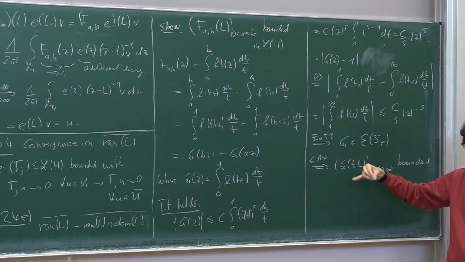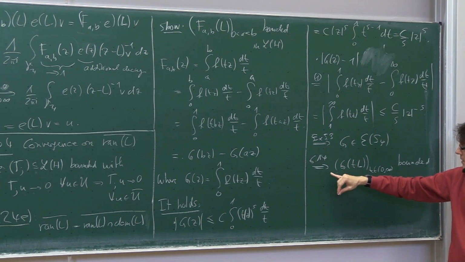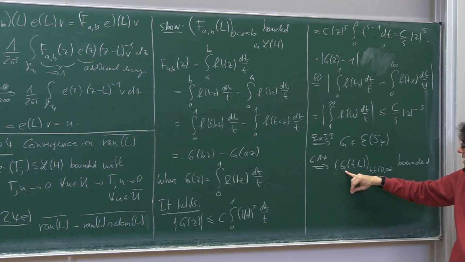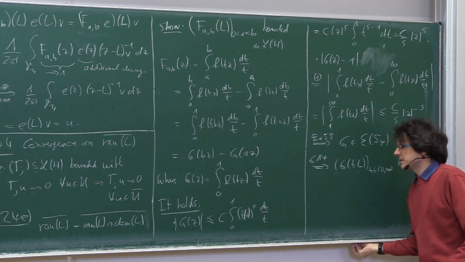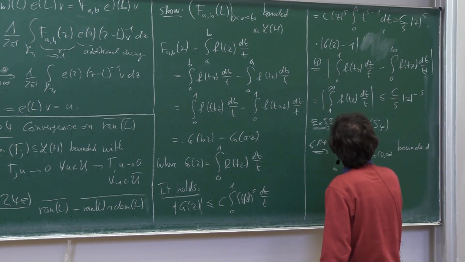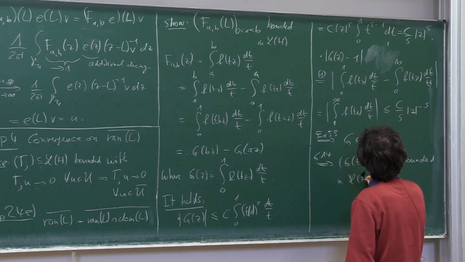This map assigns to L the operator g(tL), and we saw that this map is continuous and bounded. So this is a bounded set of operators in L(H).